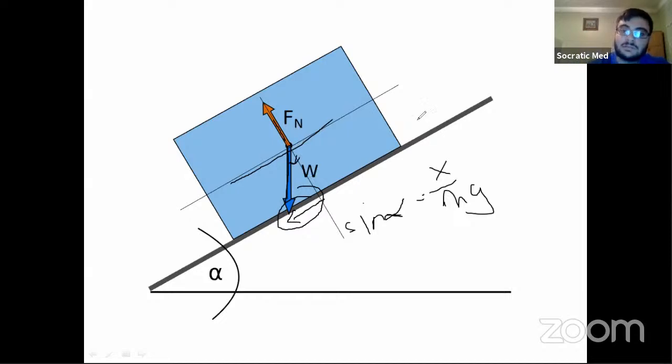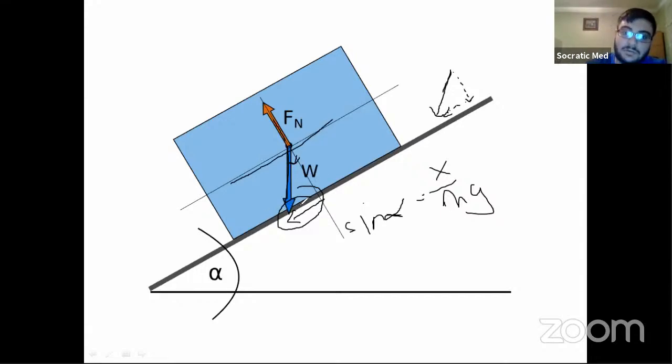So I'm going to draw it over here. If you have an arrow like this, you can break it down into a downward arrow and a rightward arrow. And when you combine these two dotted arrows, the result will be this one arrow, right? So we can do the opposite. We can break down one arrow into two arrows.